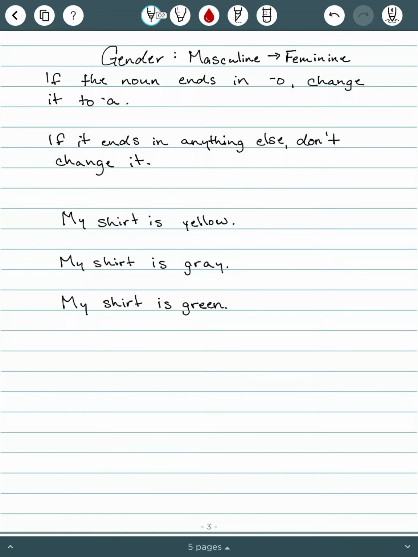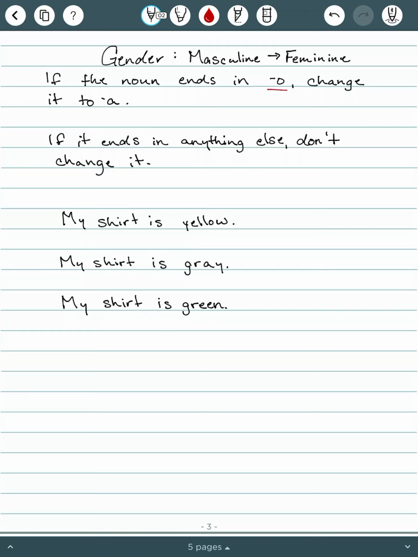So let's move on to the gender of our adjectives. So first off, to find an adjective, if you look in a dictionary, generally it's going to give you the singular masculine adjective. So if it's an adjective that ends in possibly an O or an A, it's probably going to be an O in the dictionary.